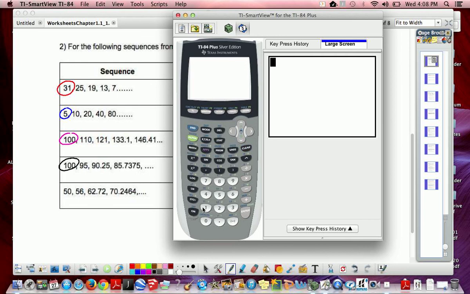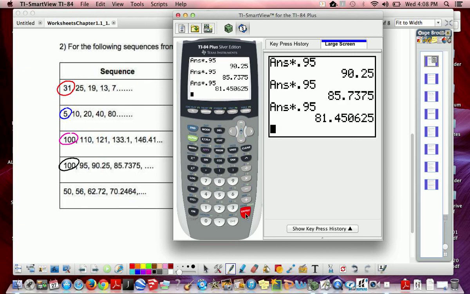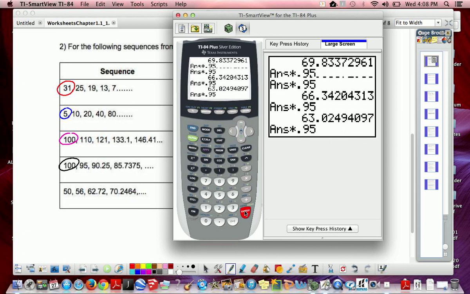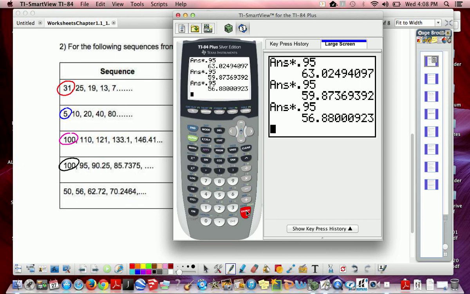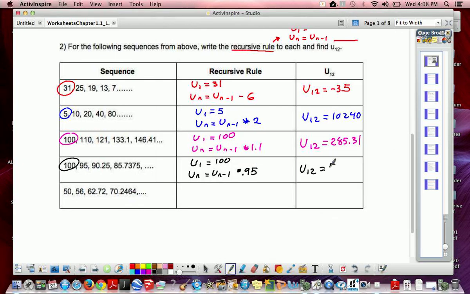So again, just start with 100, times it by 0.95. There's 2, times it by 0.95. There's the third, 4th, 5th, 6th, 7th, 8th, 9th, 10th, 11th, 12th. There we go, 56.88. 56.88. Last one on this page.